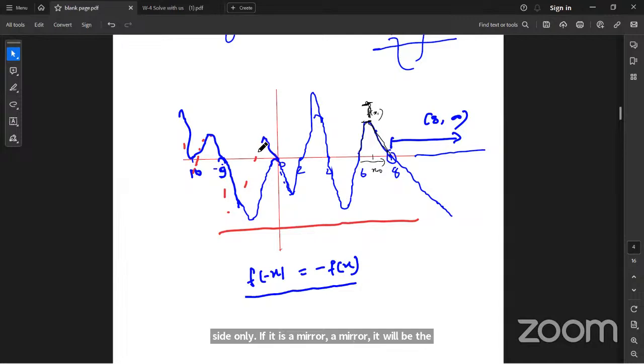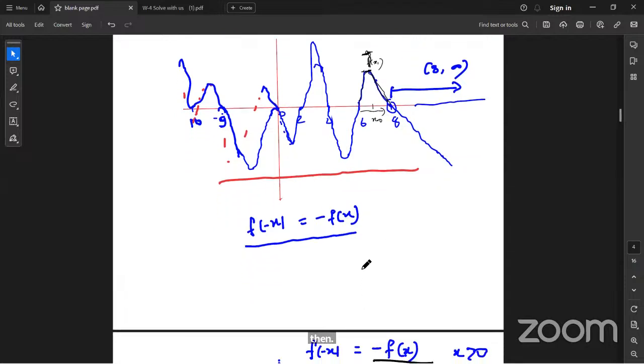This function goes like this. Sir, suppose one function x square plus 2. Is this odd? This is an even function, because it is symmetric. But sir, what about x raised to the power 4 plus 2?